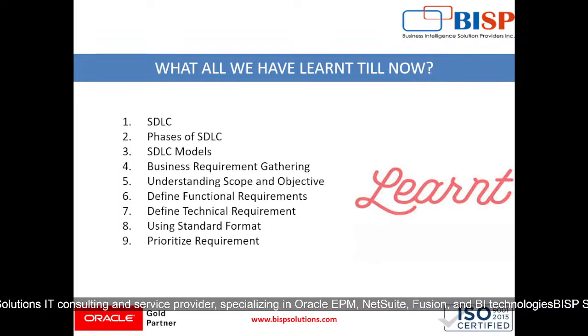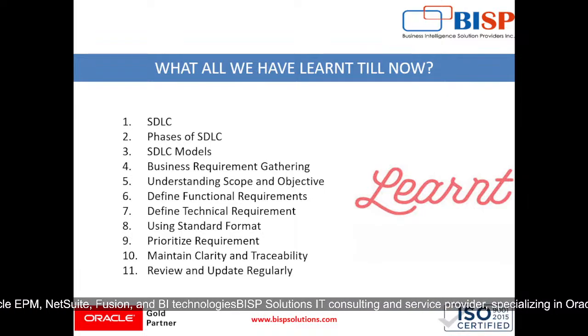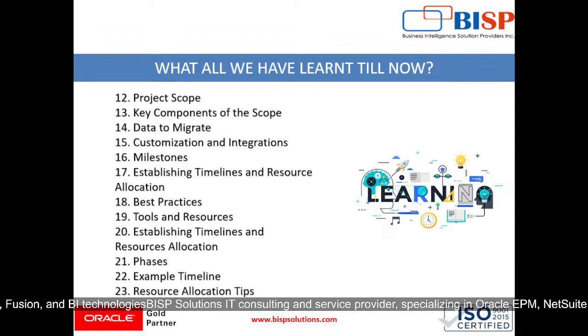Then we have prioritized requirements as per what the stakeholders prefer. Then we have maintained clarity and traceability so that we don't get any error while testing it. Then we reviewed and updated regularly with stakeholders.